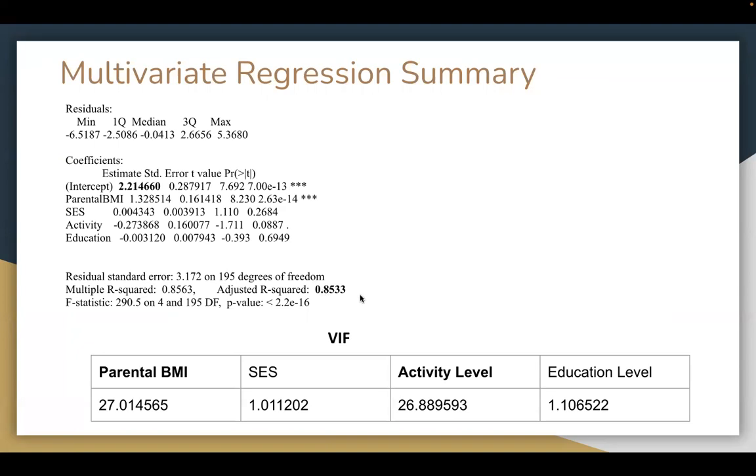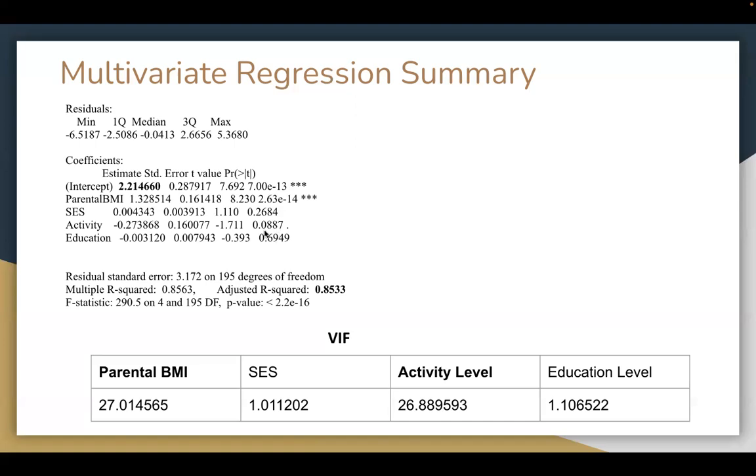This is telling us that 85.3% of our variance is explained by these predictors. This is actually very similar to our bivariate model, where parental BMI explained pretty much the same amount, 85.2 something percent of the variance. So that was a pretty good predictor.